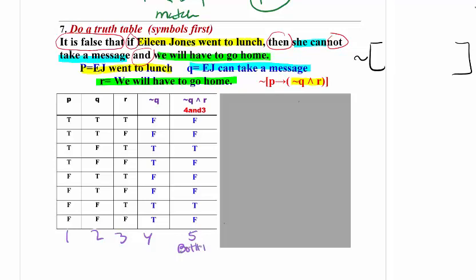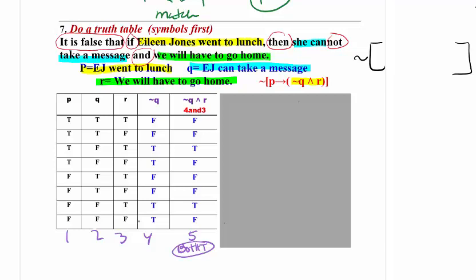This is both true. That's my rule. So I'm looking at, again, column 4 and 3. They're not both true. No, yes, no, no, no, yes, no. It's really easy to confuse that with your if and only if. These have to be both true for your and to work.